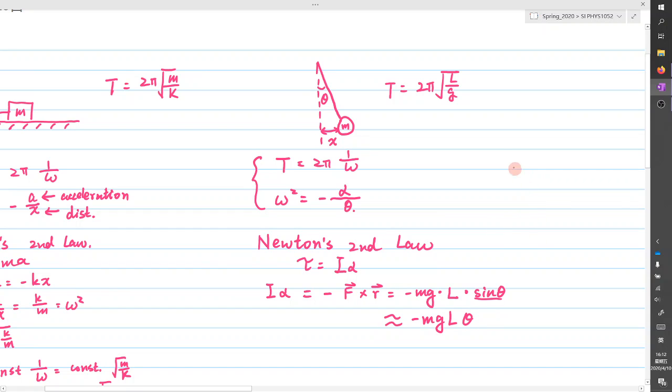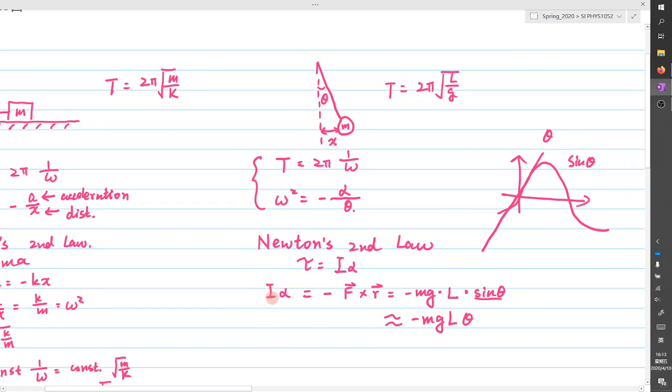Well, if you graph sines and cosines, this is our sine. This is sine theta, and this is our theta. When angles are really small, sine theta is basically very close to theta, so we approximate that. And we're finding negative alpha over theta.